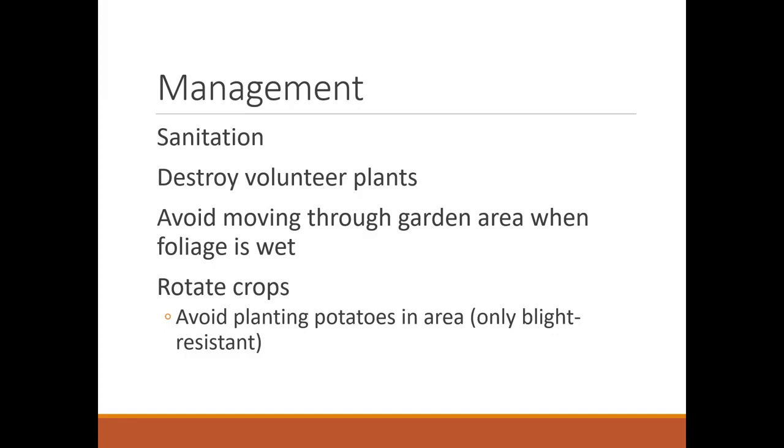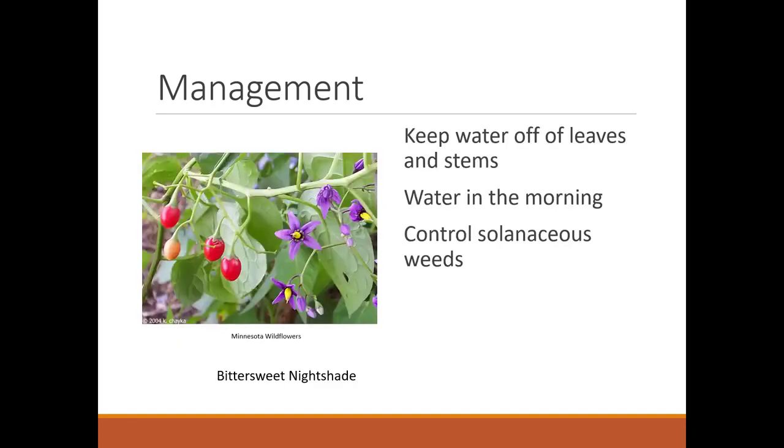And then avoid planting anything in the solanaceous family, potatoes included, unless it's blight resistant. You want to keep water off the leaves and stems, water in the morning, and then something like bitter nightshade is in the Solanaceae, so it's actually going to be harboring the disease. You do want to get rid of that.